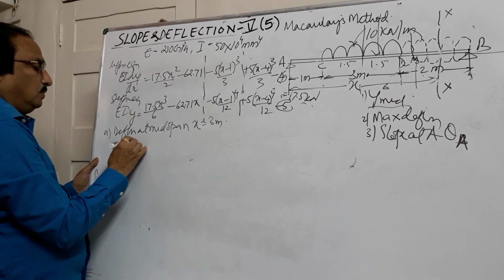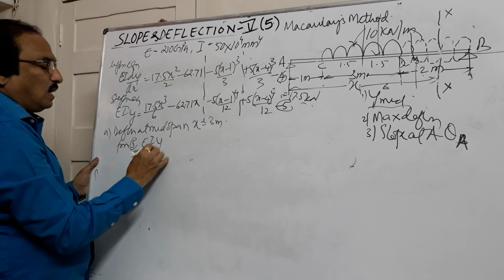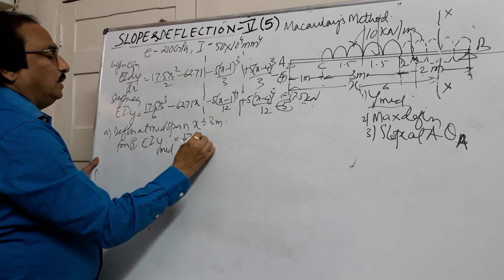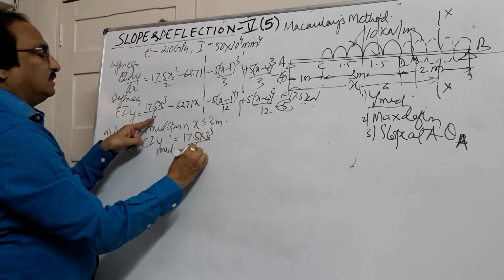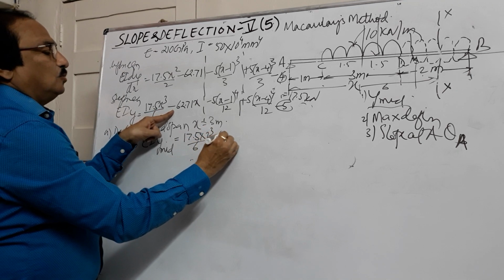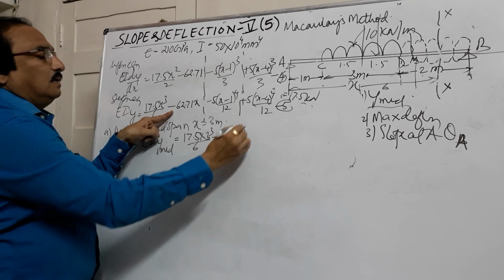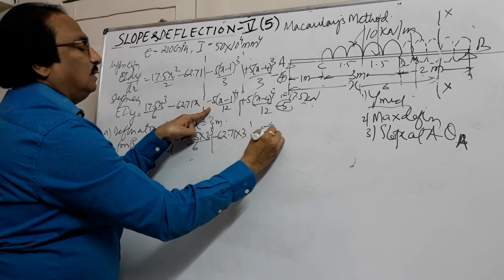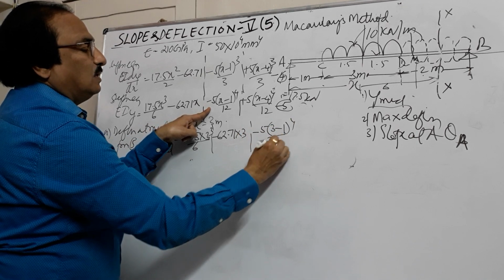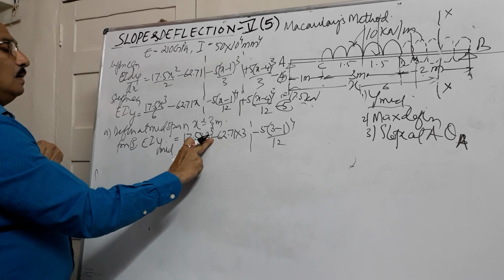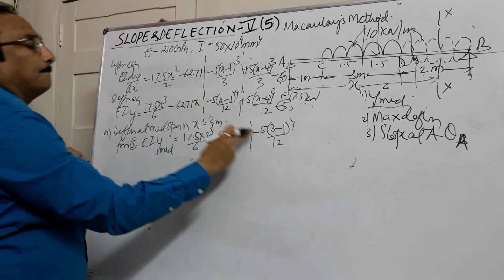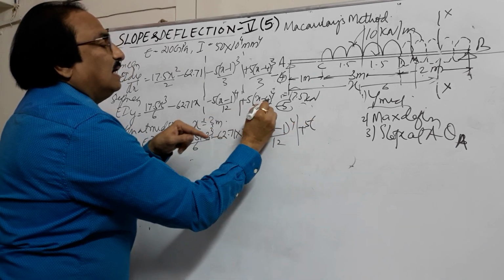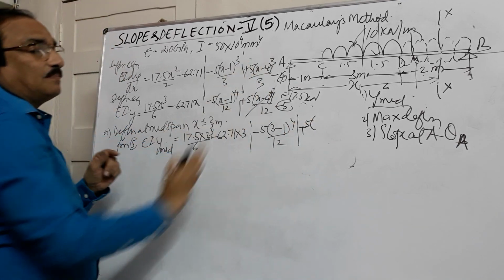From 5, EI into y mid is equal to 17.5 into 3 cube divided by 6 minus 62.71 into 3 minus 5 into (3 minus 1) raised to 4 divided by 12, plus 5 into (3 minus 4)... so this will be negative, so we leave that part.